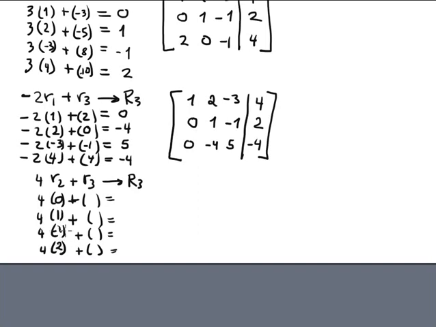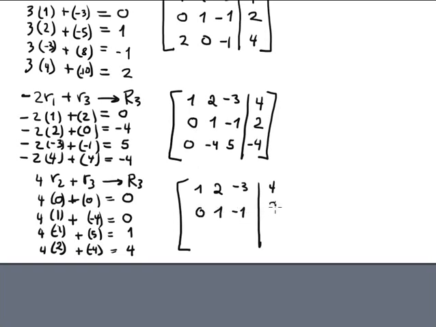And row 3 is 0, negative 4, 5, and negative 4. So we have 0 as the answer. We have 0 again, because 4 and negative 4 is 0. And we have positive 1 here, and here we have 4, because it's 8 minus 4 is 4. And so the new matrix is 1, 2, minus 3, 4, 0, 1, negative 1, 2. In the last row we have 0, 0, 1, and 4.